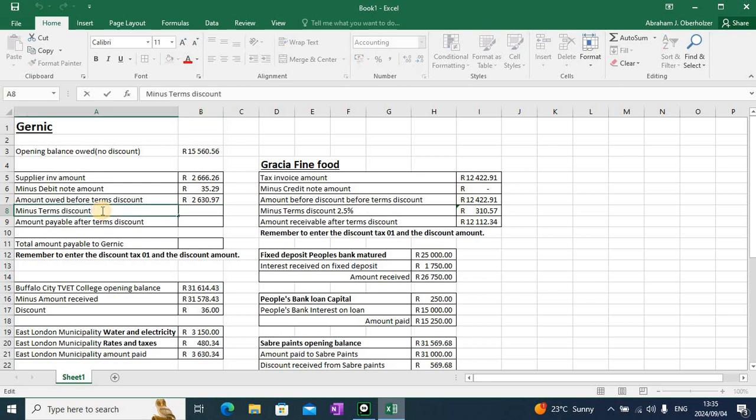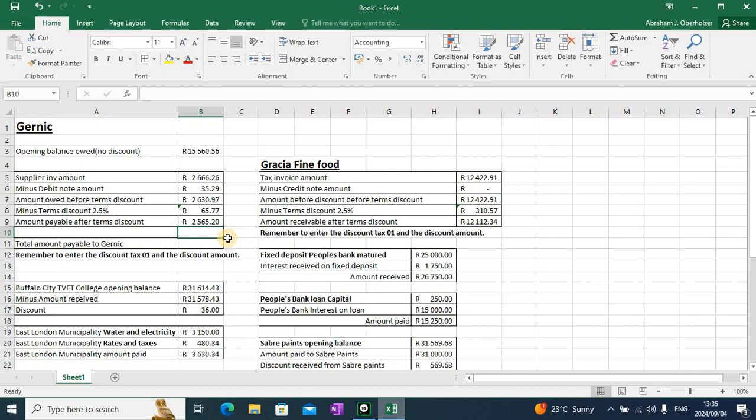Then I can get terms discount 2.5%. So I'm going to say equals 2.5% times that amount, and then the amount payable will be 2,630.97 minus 65.77, so 2,565.20.